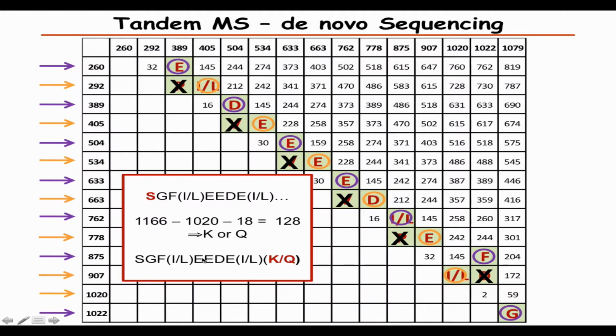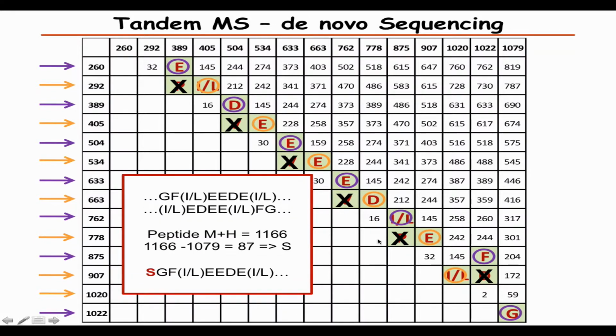We get the sequence, but we always have the ambiguities of isoleucine and leucine. But in this case, because we don't have very high accuracy, because we had the difference between this last ion, the 1079, and the full M plus H of the peptide was exactly 87.